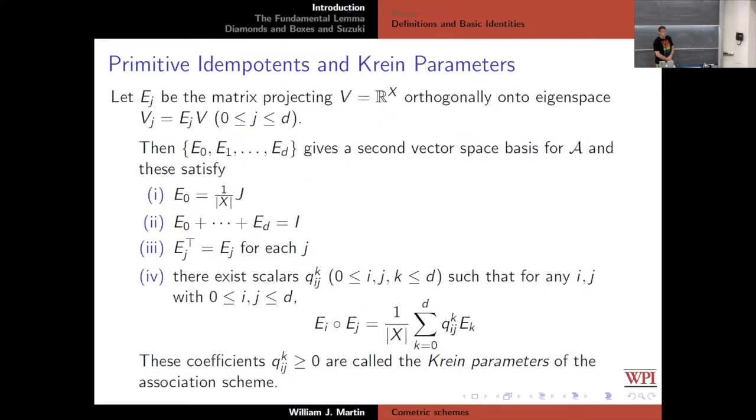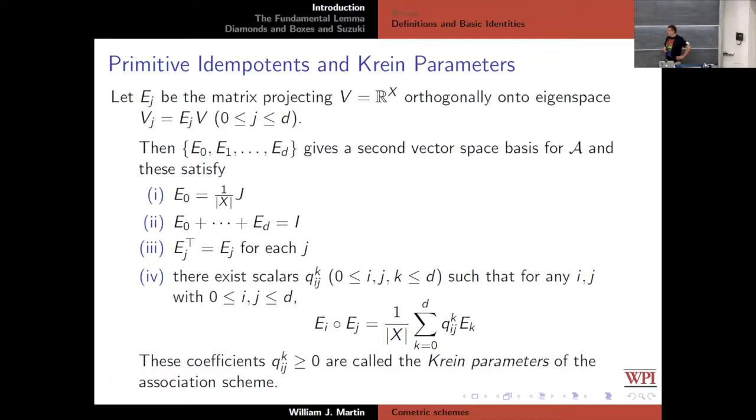The second basis is the basis of projections onto the maximal common eigenspaces, E0 up to Ed, and E0 is a scalar multiple of the all-ones matrix. The projections sum up to the identity, which is the projection onto the entire space.